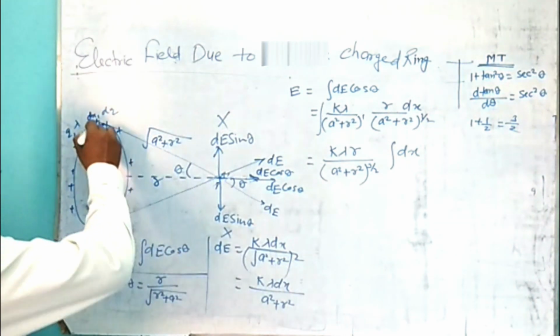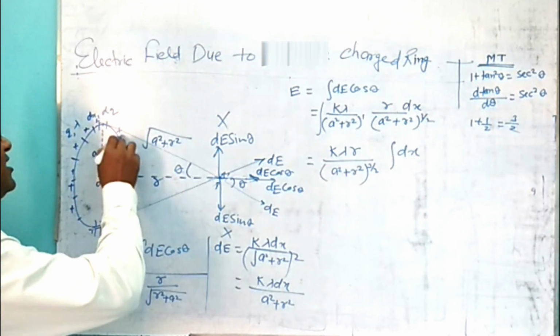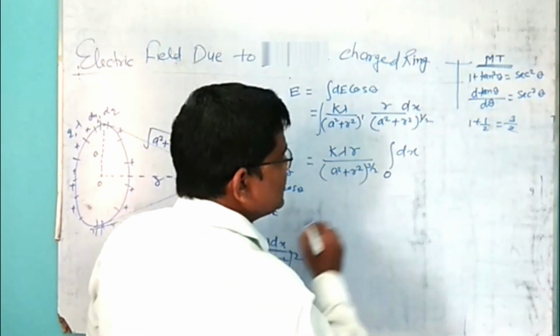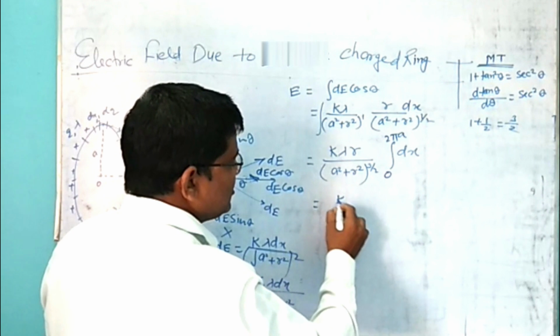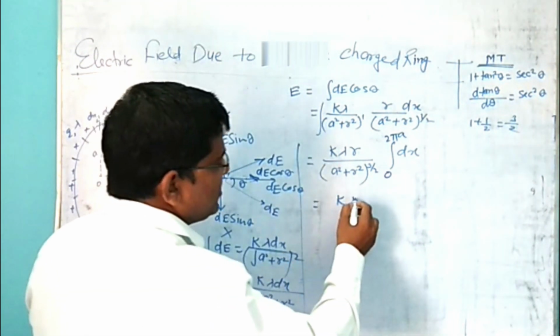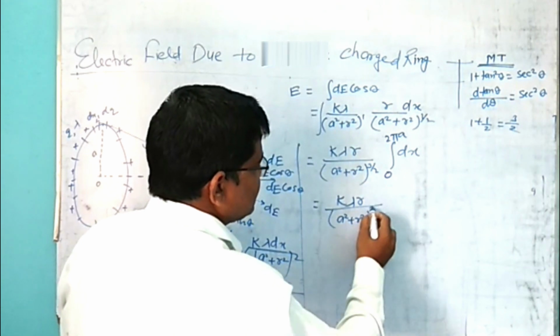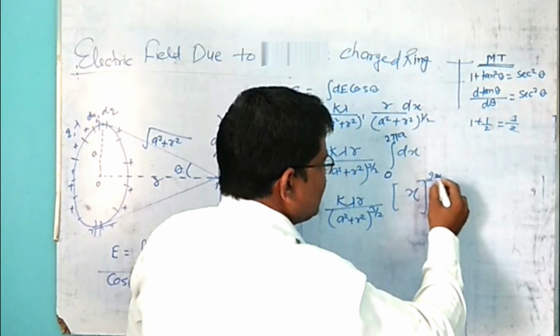There are so many small sections we can consider to find the electric field at the point P, and the integration is from 0 to 2 pi a. This is equal to k lambda r by (a square plus r square) to the power 3 by 2, times x from 0 to 2 pi a.